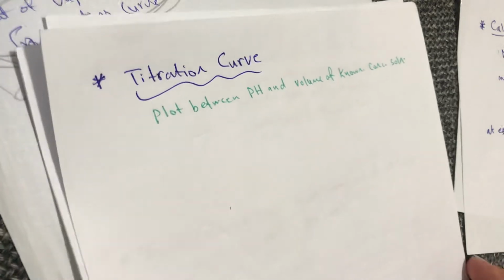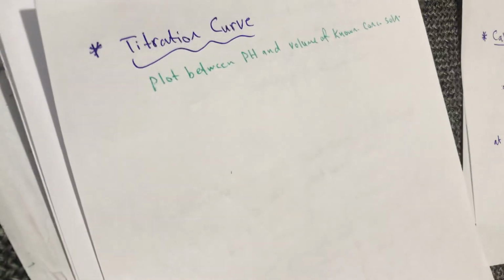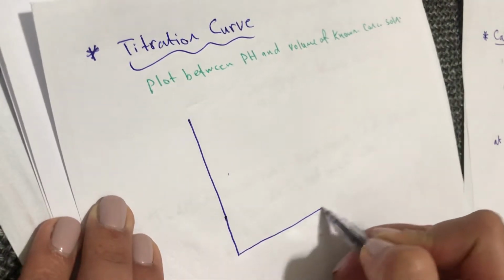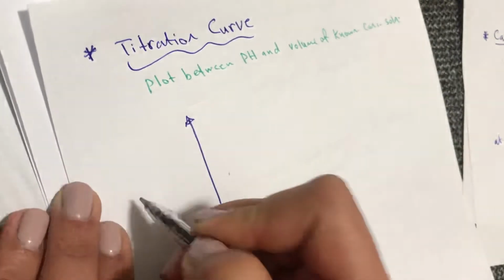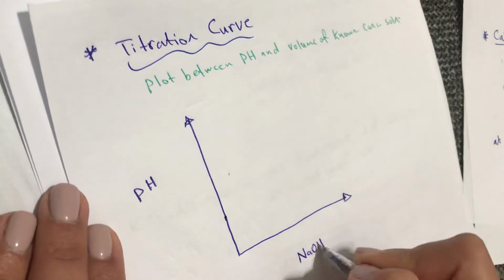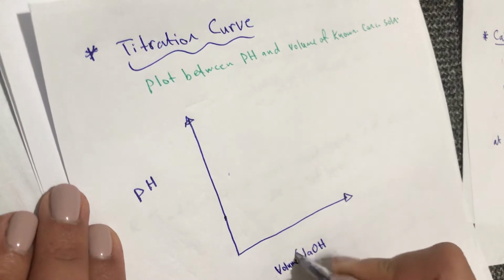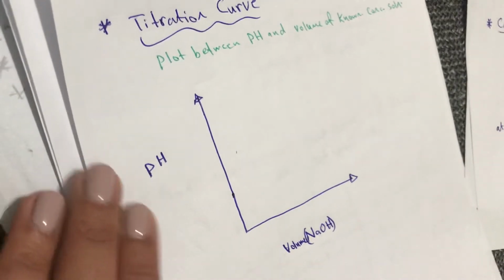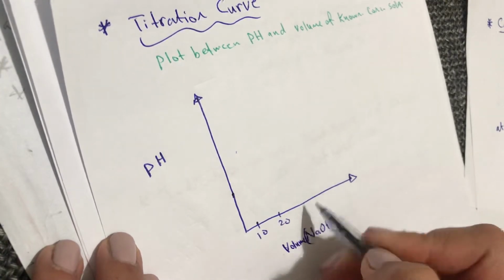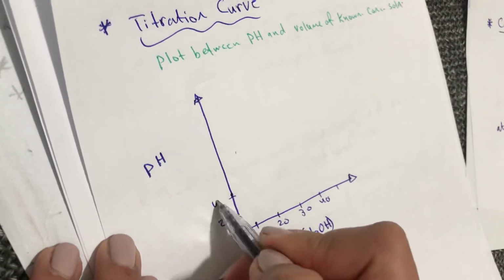So in our experiment we use sodium hydroxide. So it's a plot between pH and volume of sodium hydroxide. So here for example 10 ml, 20, 30, 40 and so on. Here 2, 4.